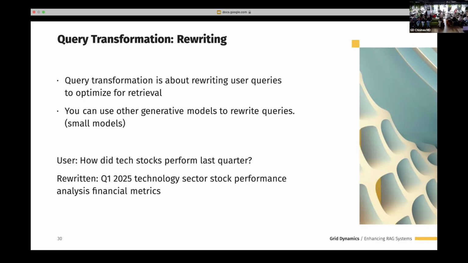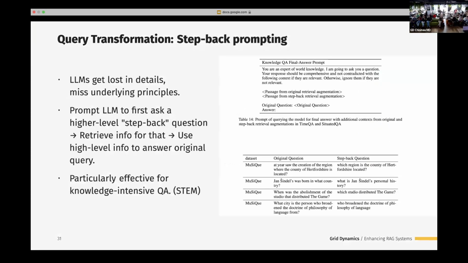And let's speak about another method, step-back prompting. Step-back prompting is the principle behind more, let's say, STEM-oriented RAG systems. Why was it proposed? Because LLMs can get lost in details. If you go into something very complicated, the LLM can lose some context. So step-back prompting tries to go more abstract.